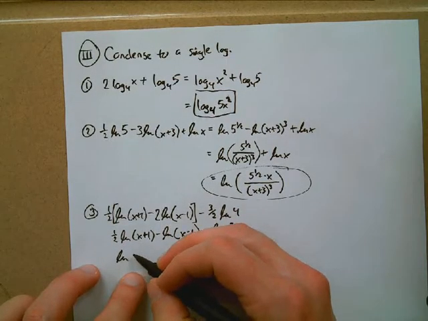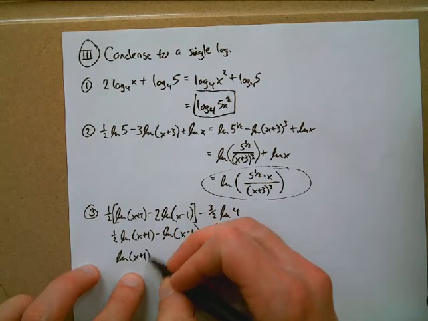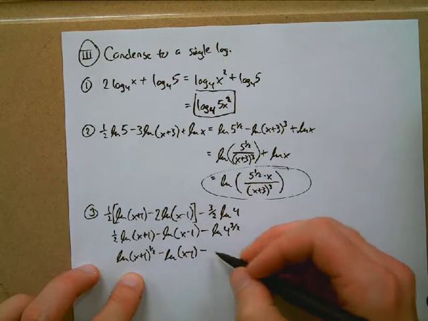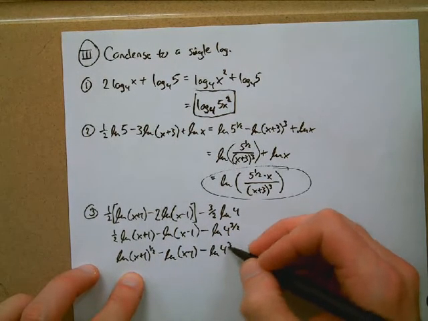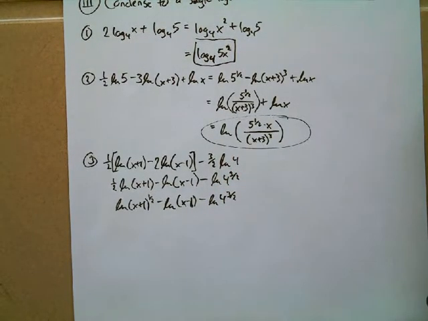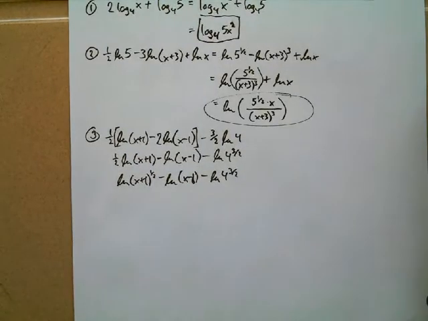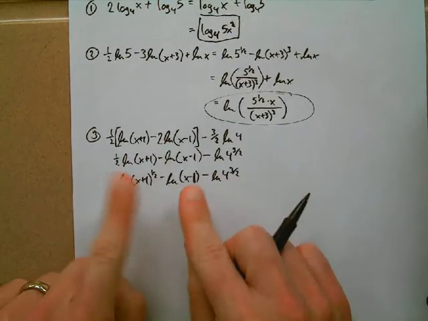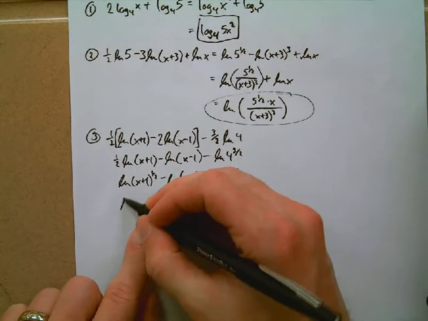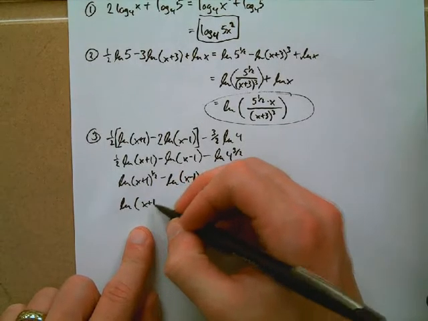Alright, and then finally, now I can start putting these pieces together. So, these 2 pieces are separated by subtraction, so we'll make that division there. So, natural log of x plus 1 to the 1/2 over x minus 1, and then minus the natural log of 4 to the 3/2.